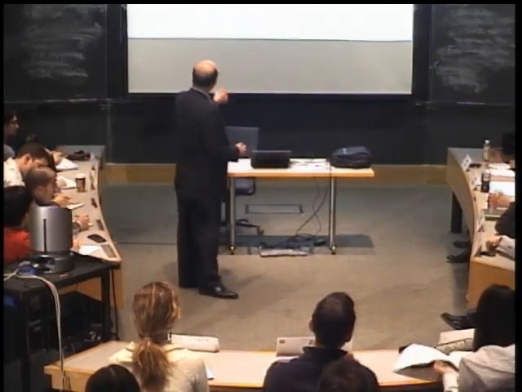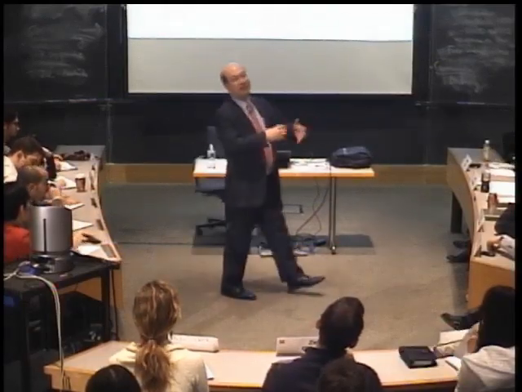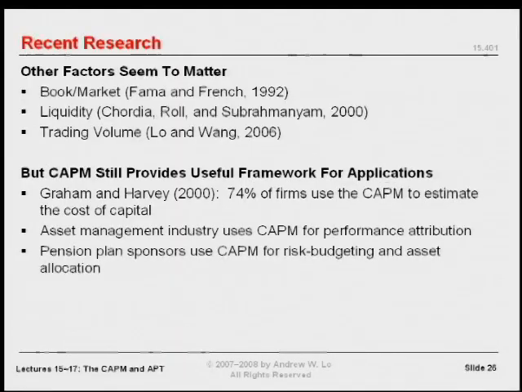Okay, so what I was going to tell you now is about the most current research. The most current research suggests that while beta does seem to have some impact on explaining expected returns, there are other factors out there that seem to contribute to that explanation. In other words, the CAPM, while it's a very interesting and compelling first approximation, it is only an approximation.